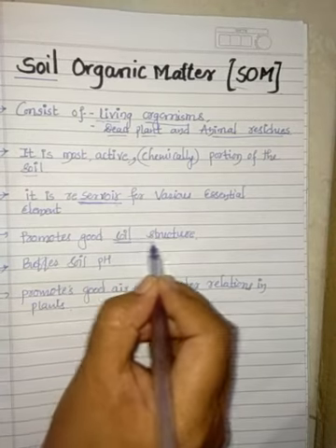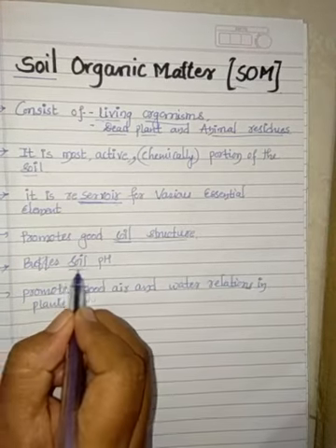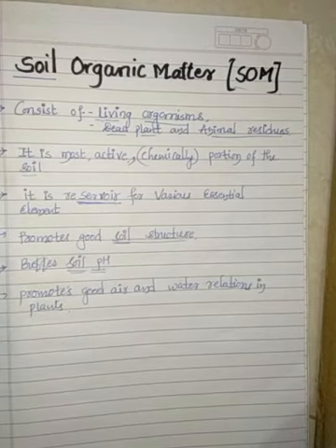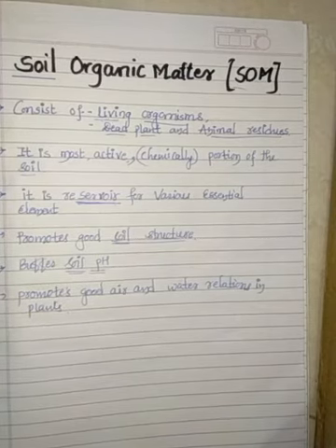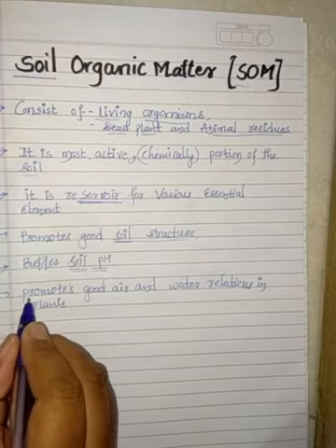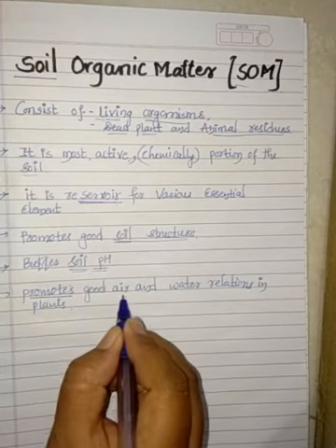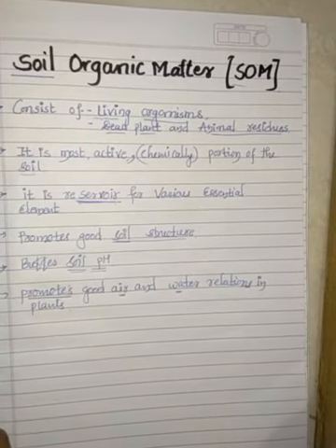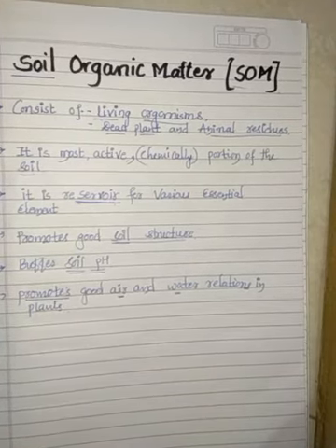It promotes good soil structure. Next, it buffers the soil pH, whether the soil is acidic or basic in nature, which is promoted by this particular part. It buffers the soil pH over there, isn't it? Next, it promotes good air and water relations in the plant, isn't it?